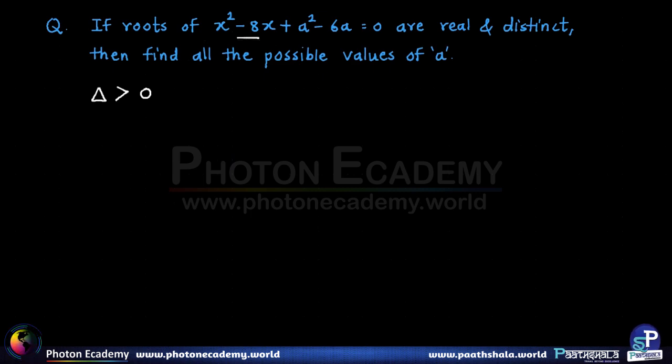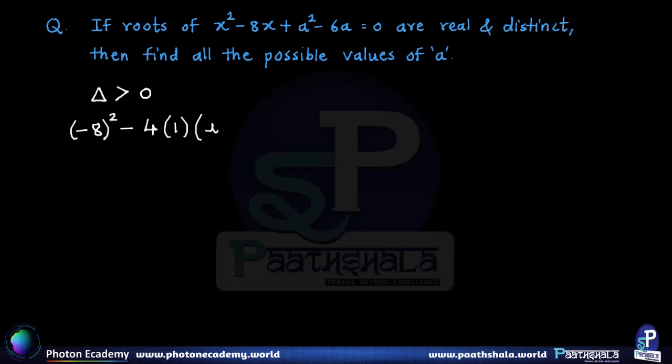So substituting those values we get minus 8 the whole square minus 4 times 1 into a square minus 6a. This should be greater than 0.